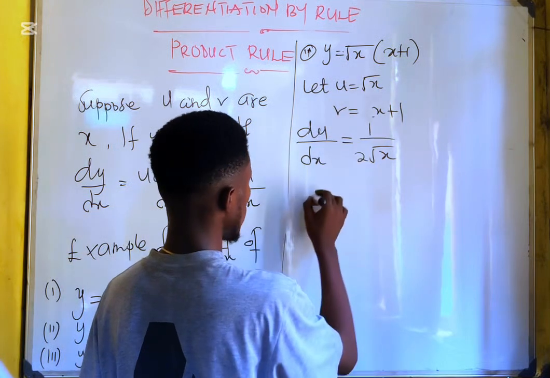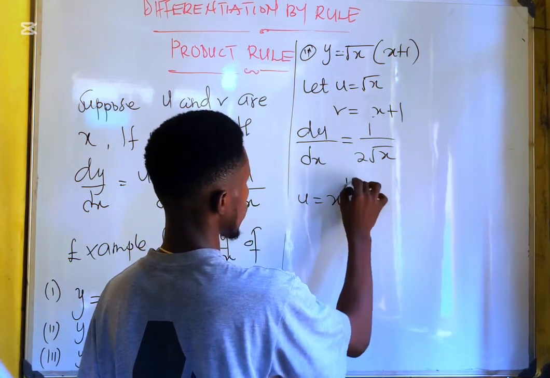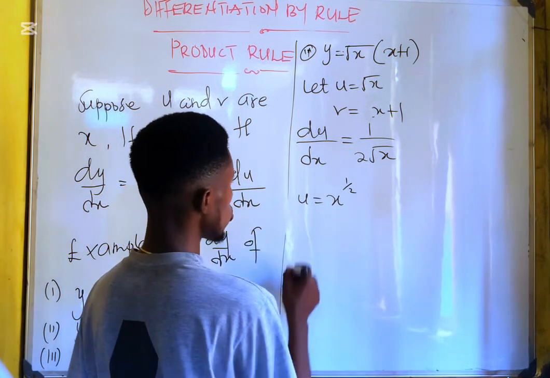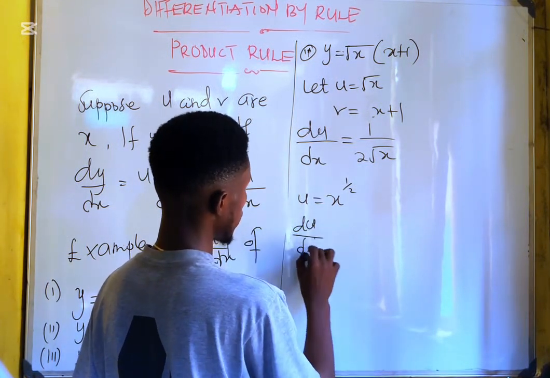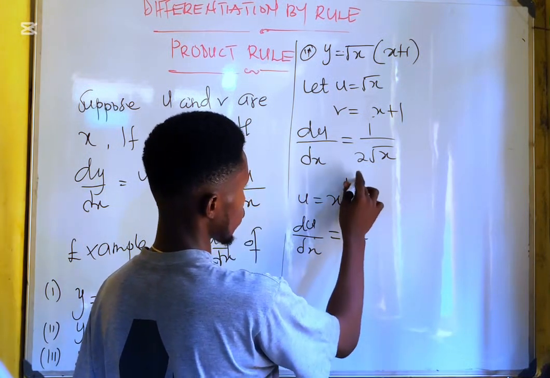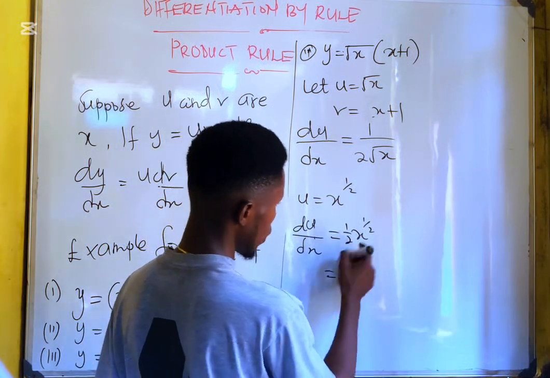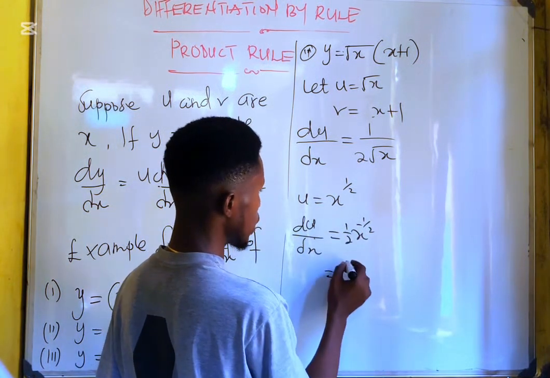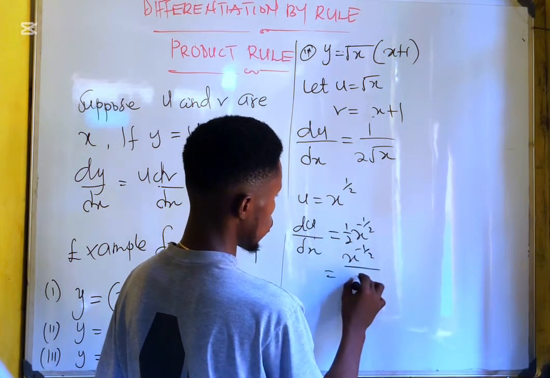Now, if you are differentiating it, you change this one to be x to the power half. So my du/dx is going to be the half will come here. If you subtract 1 from this half, that will be negative half. So it is x to the power negative half over 2.